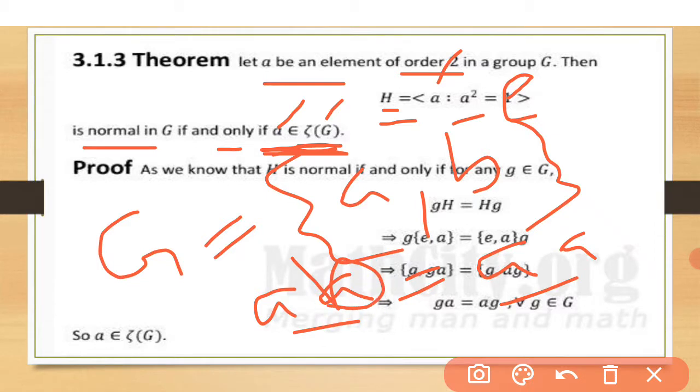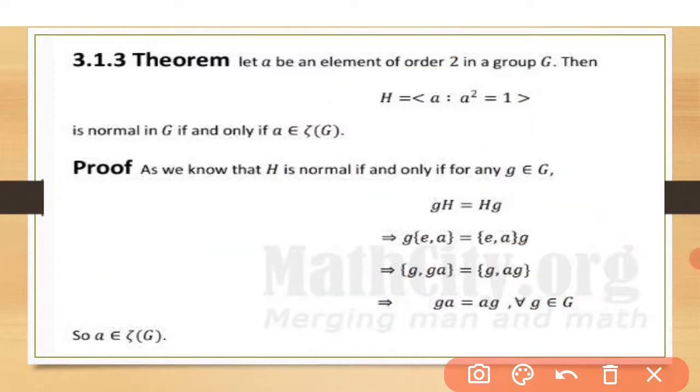Similarly, all the elements of G that commute with A, those are the center of G, or Z(G). Z(G) means the center of G.